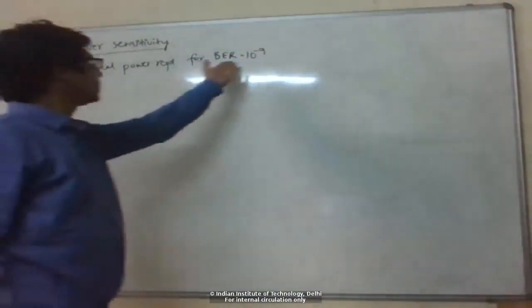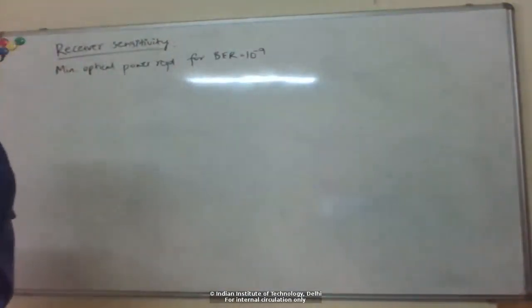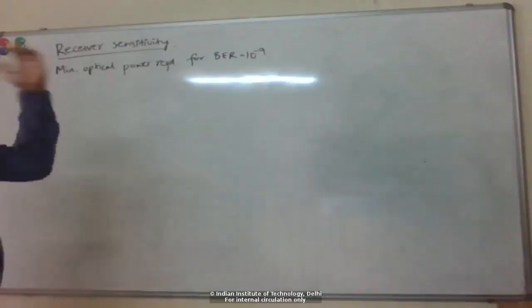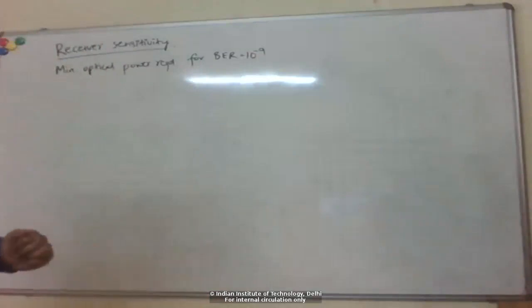Right? So as we discussed last time, this 10 to the minus 9 is sort of like a benchmark that is kept for optical links. And so a receiver is more sensitive if it achieves this BER at a lower optical power, right?